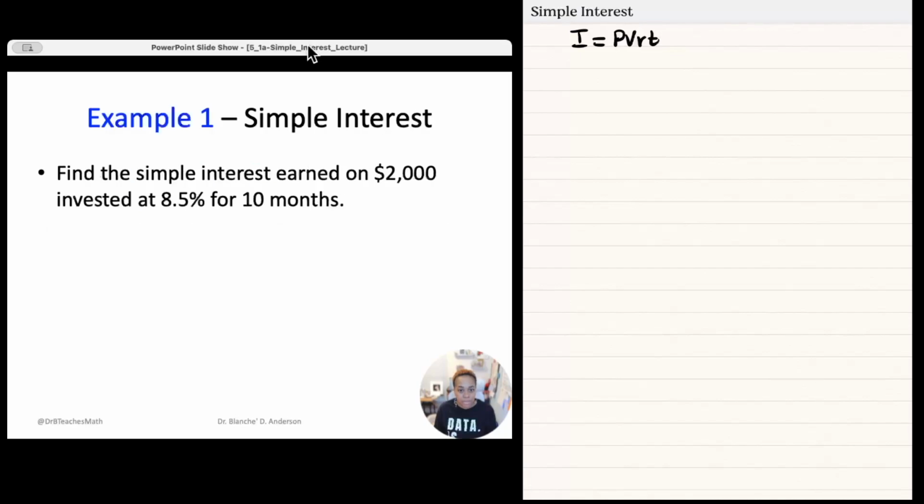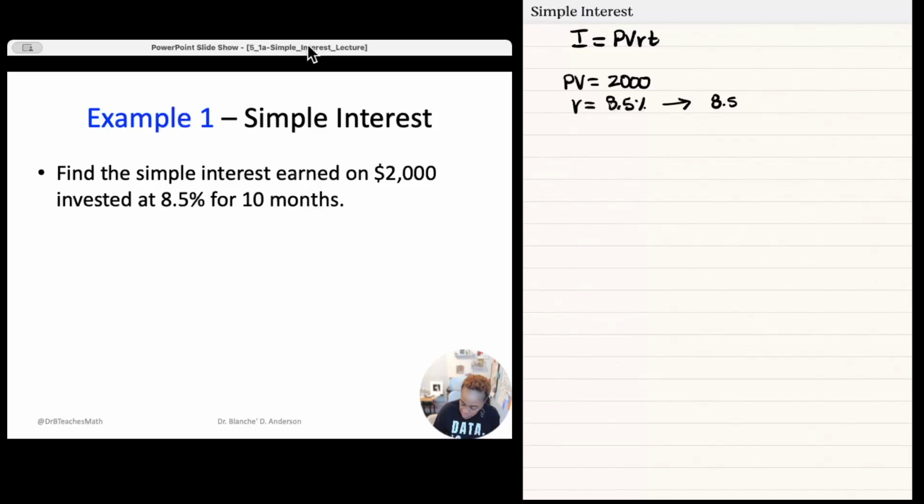So let's do a quick example. It says, find the simple interest earned on $2,000 invested at 8.5% for 10 months. So if I write out the pieces, I have PV is 2,000, right? And then my rate. Normally with the rate, people often forget to convert to a decimal, so I try to do that right up front.